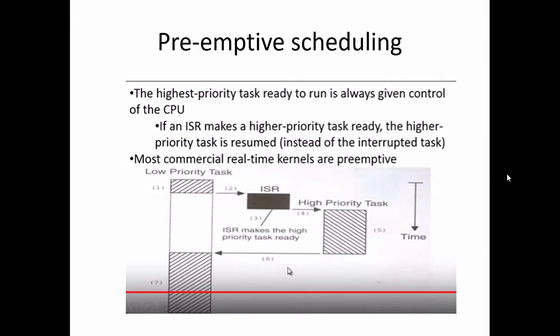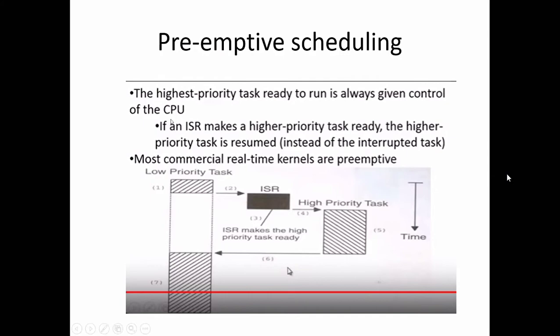The CPU checks its ISR, that is the interrupt service routine, to see whether the interrupt is coming from a higher priority task or even a lower one. So the ISR makes the high priority task ready. It will jump to the higher priority task, and during that time, the low priority task is in idle mode. It is not running.